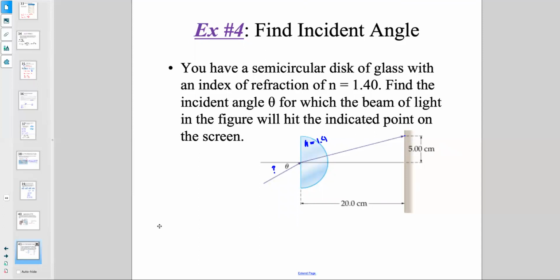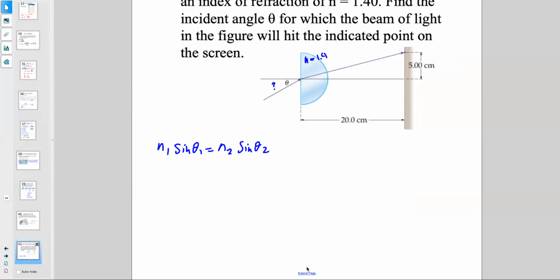So what we have here is that n1 sine theta 1 is n2 sine theta 2, okay? So n1 is 1 because it's air, n of air, which is 1. And sine theta 1 is equal to n2, which is 1.4, times sine theta 2.